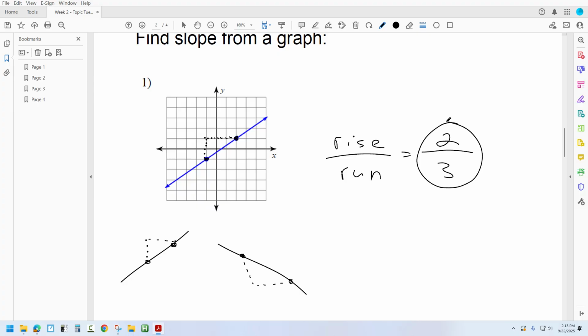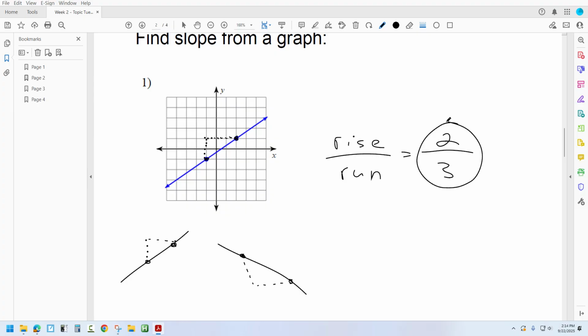So now you put the 2 in the top, you put the 3 in the bottom, and the slope of that line is 2/3. Now, does this line slant up to the right or down to the right? Up. Yeah, this one goes up. And whenever something goes up to the right, should it be a positive slope or negative slope?